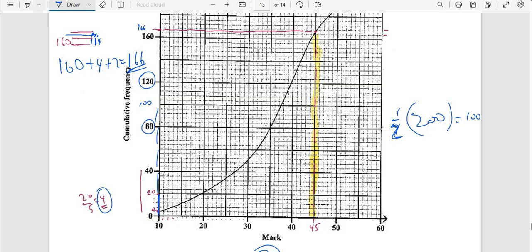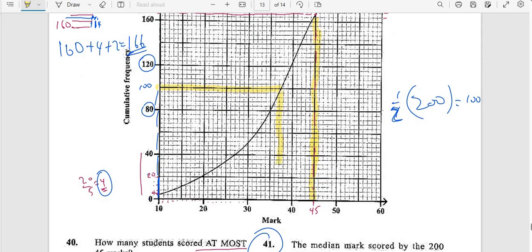So what I'm going to do is use a highlighter, because we need to be able to see that. Go across the 100 students, see where they hit right there, and go down here. That looks like it's in between as well, right? Make sure we get the right line. If you go down here, it looks like it's right between as well.